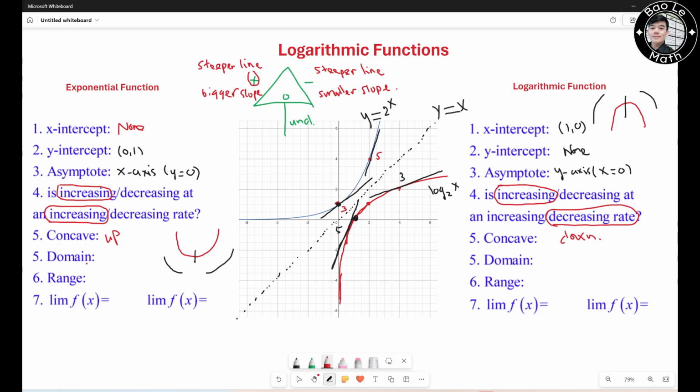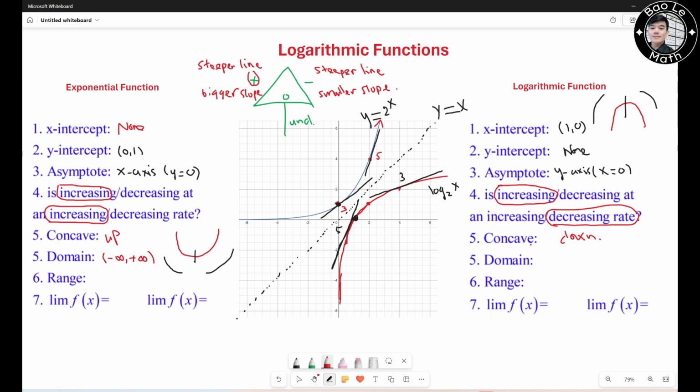Alright, the domain. The domain of this exponential function is going to be from left to right, and you see that the function keeps going up and right. So the domain should be negative infinity to positive infinity, or you just say all real numbers.